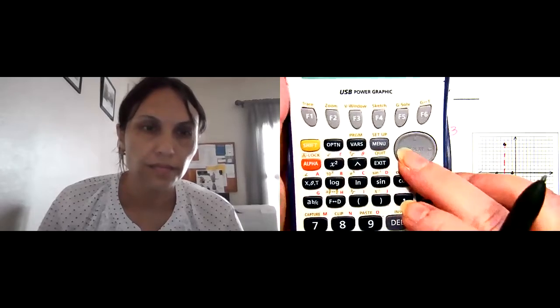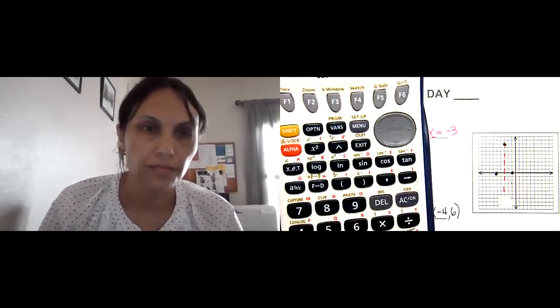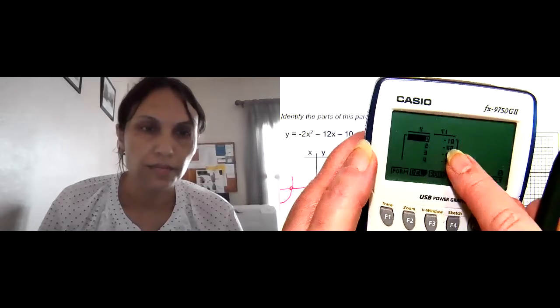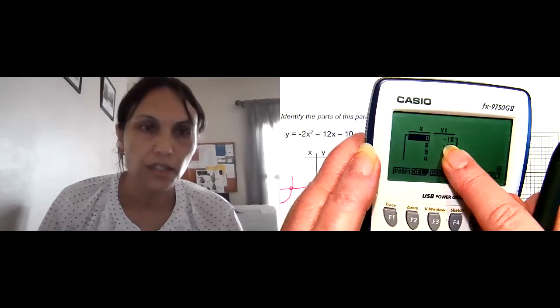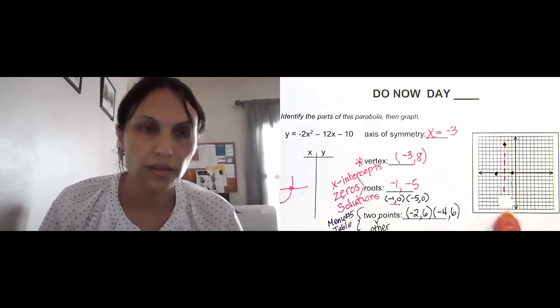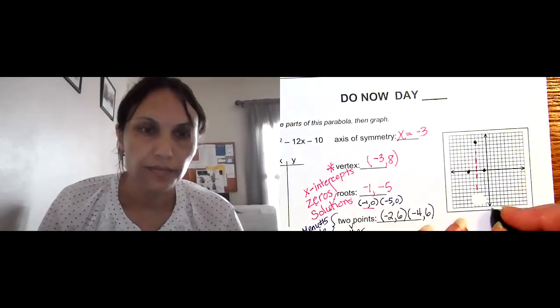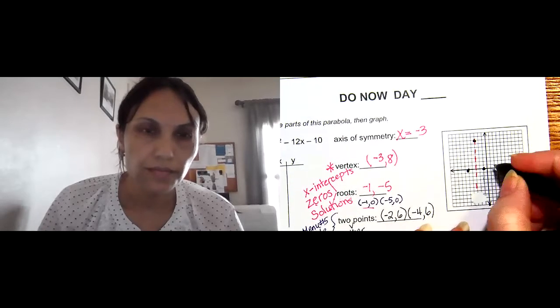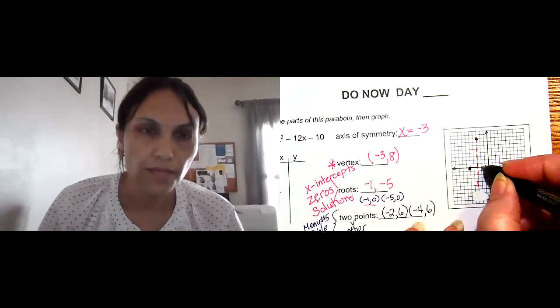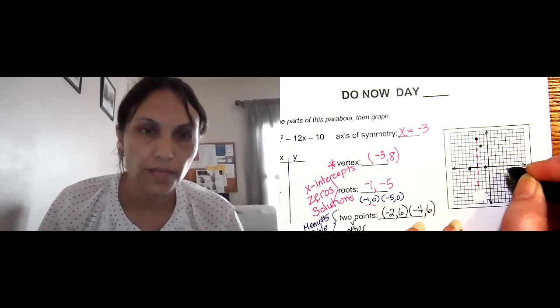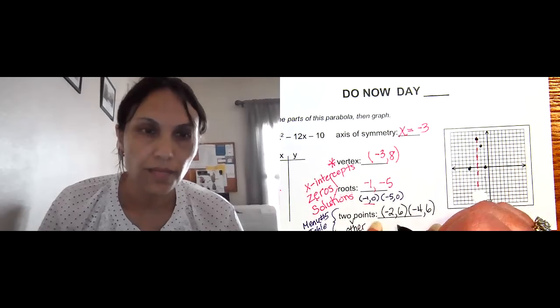Another good one that's going to work for this one, we skipped over it, was 0. Now 0, -10. That's just on the edge, but it would be here. So I'm going to go -2, 6, and get that one on my paper.